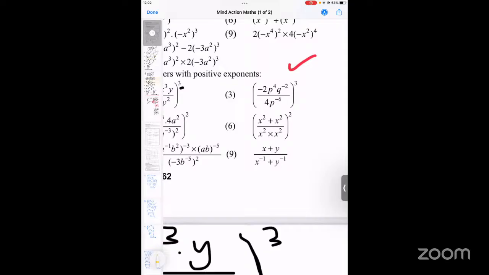Then you have negative 1/8 P 12. You said that. P negative 6.